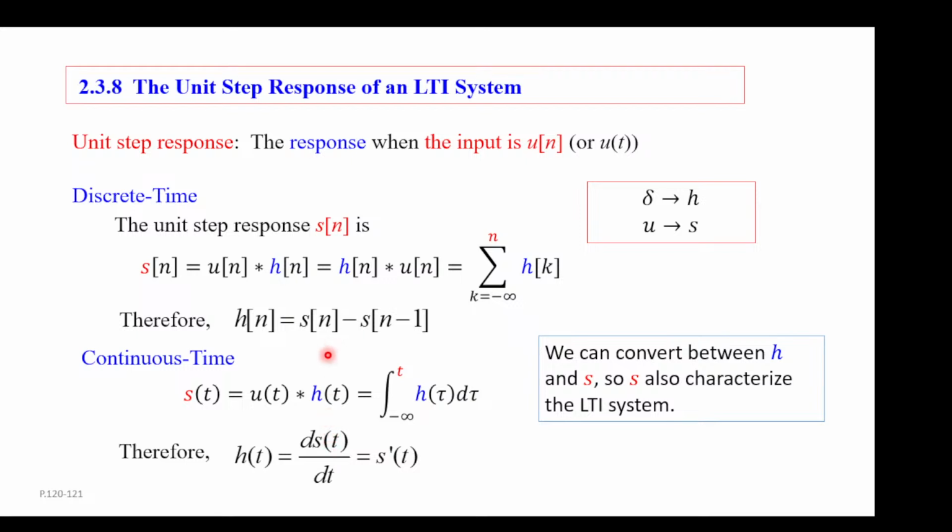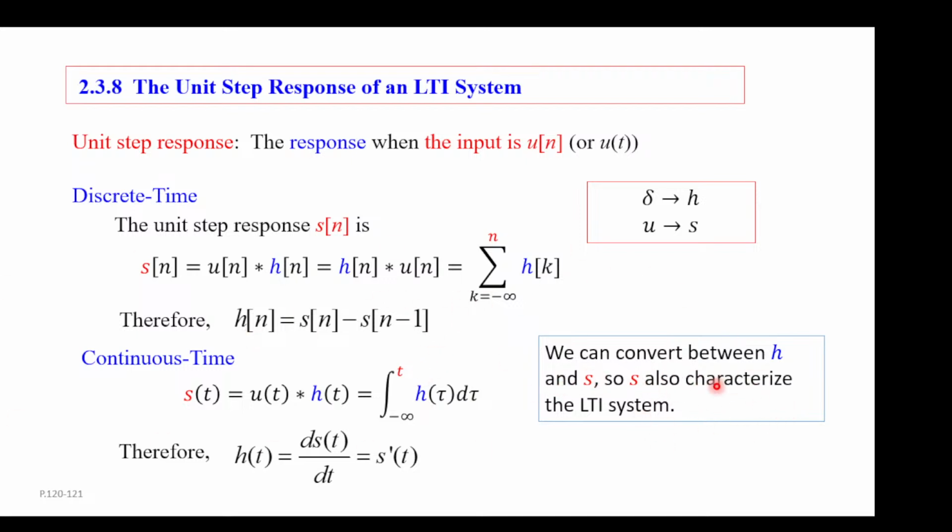Although we will not use the unit step response too much later in the chapter, other places might use it, and it is very nice because it also totally characterizes our system. You can calculate h from s, and really you can swap between h and s by those relationships, converting between them without losing information.